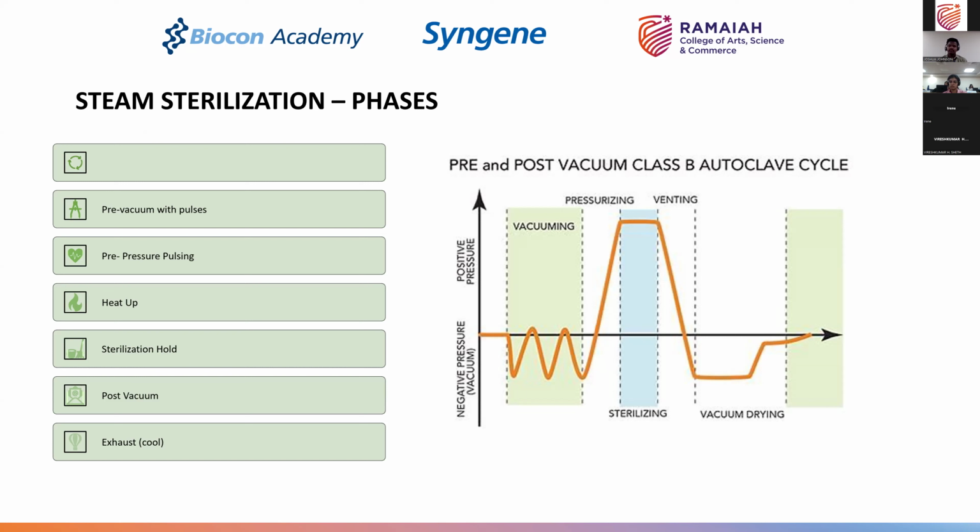So the vacuum is helping in removing the air from the chamber completely, and then you are introducing steam into the chamber, so that if there is any air remaining, because please remember that no physical equipment, no chamber is 100% leak tight. There is a criteria in EN 285 which says that your chamber has to be leak tight, and there is a criteria given.